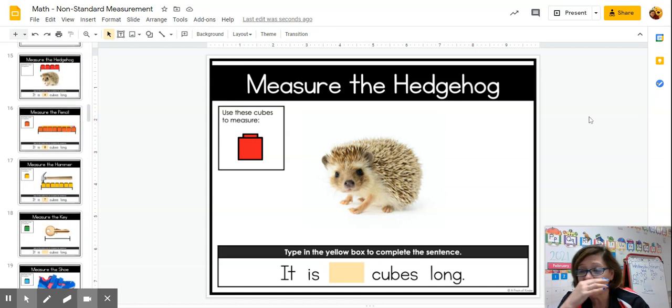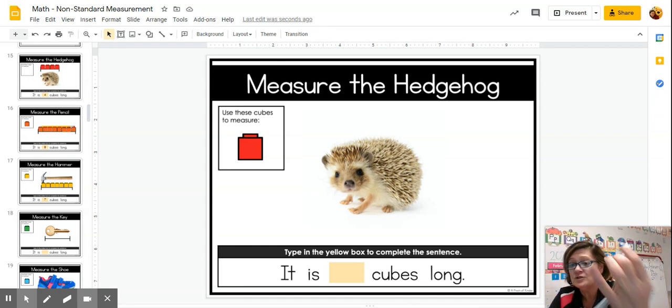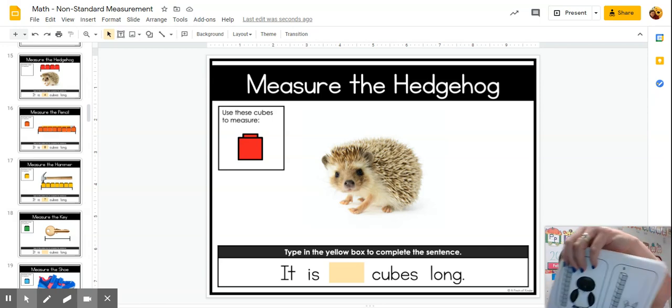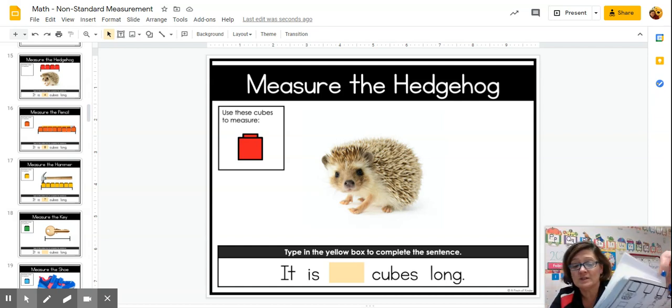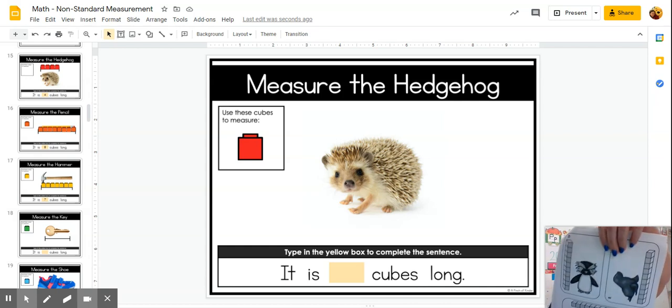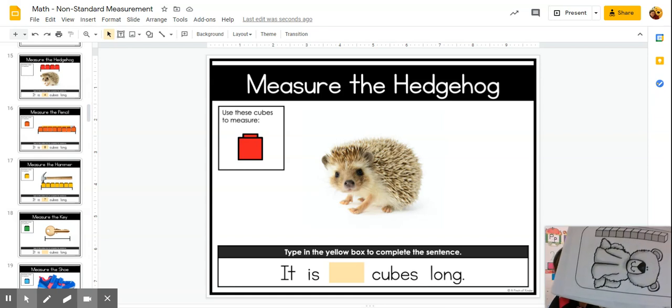Okay, boys and girls, you are going to get to do some measuring today. You're going to go and get out your packet, and we're going to be doing the polar animals measurement page. Okay. And what you do, you're going to go to the next page, and you're going to flip it, and then you see these. It has a penguin, a rabbit, and a whale with some cubes underneath or beside it. And then another page with another penguin, a seal, and a bear.